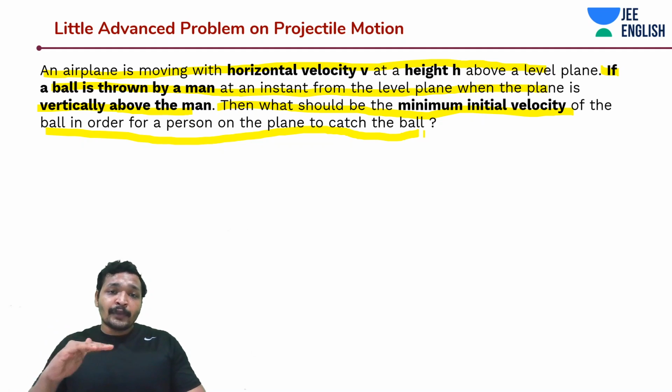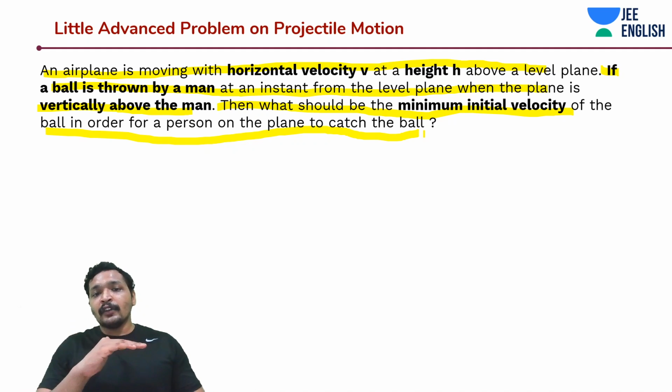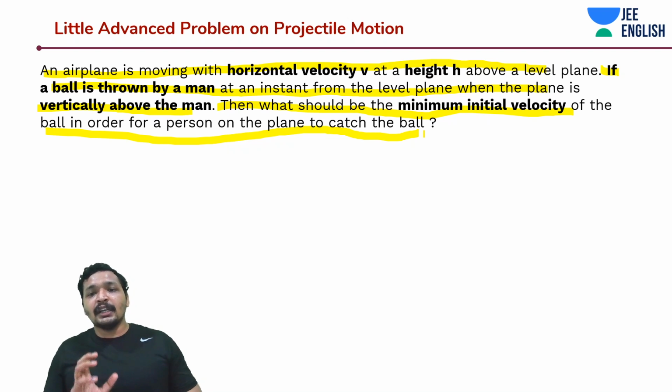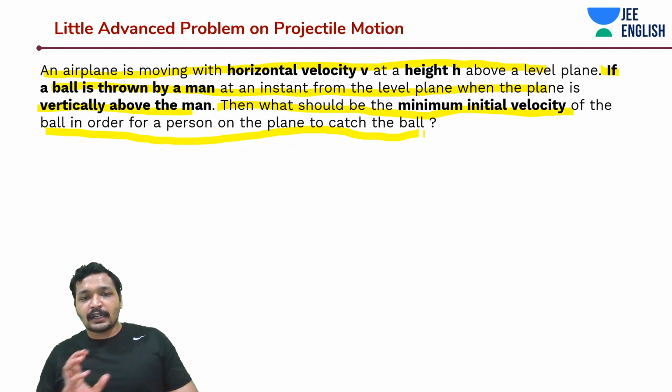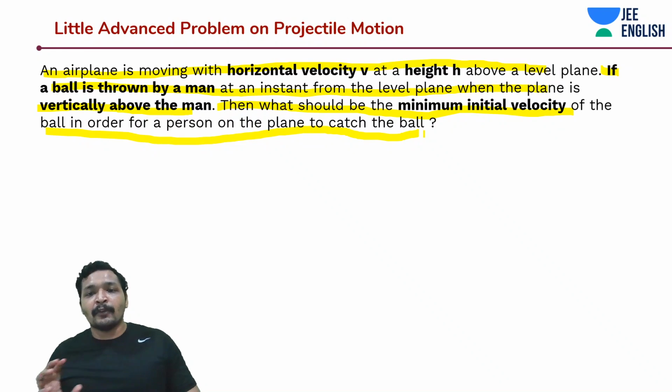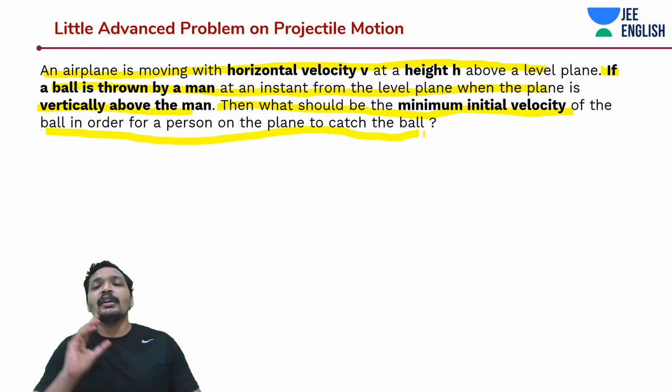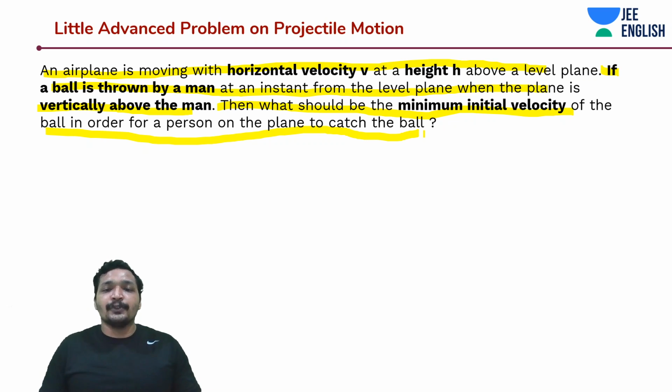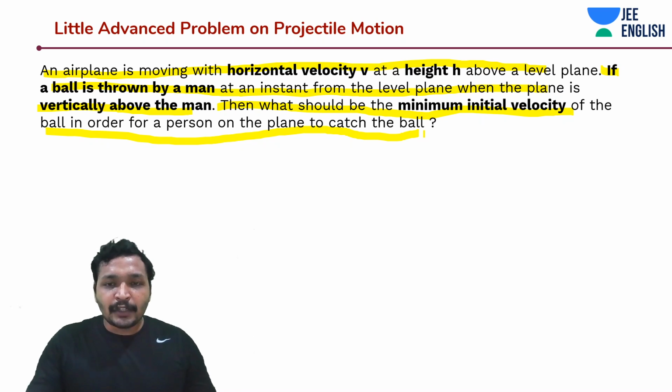You are always moving with respect to time with a horizontal velocity v. But right now I have a ball, I'm in a stationary position. I can only give this ball an initial velocity to make sure that this object reaches you. So let's now first visualize it pictorially.